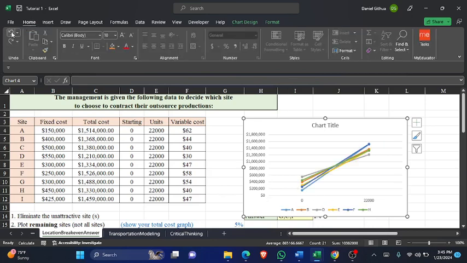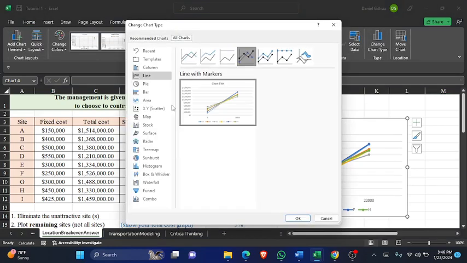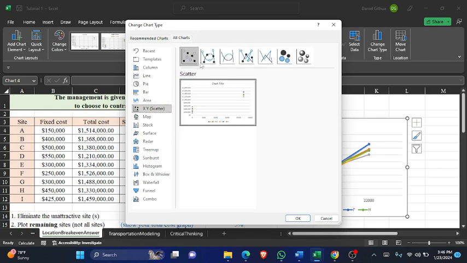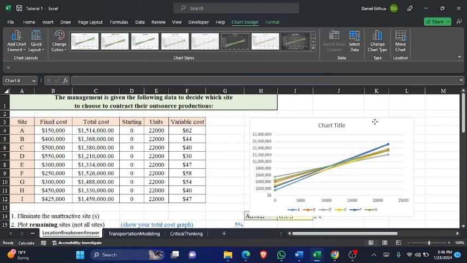Let's go back. Yes, change chart type to XY scatter with lines. That is it, and that is our plot of the remaining sites.